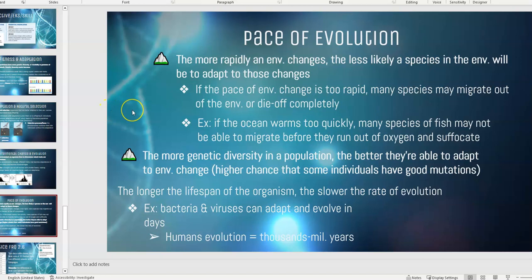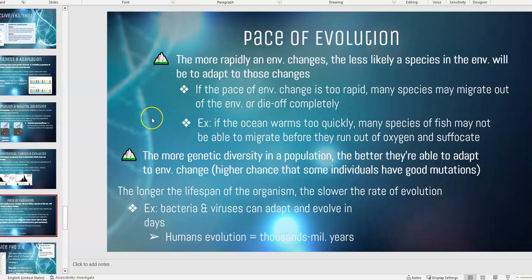The problem with this is that it takes time. If the pace of the change is too rapid, then those species may not be able to keep up. That advantageous genome may not be able to express itself, and so it dies off before the adaptation is found. If the ocean warms too quickly, maybe fish will not be able to migrate out before they run out of oxygen.